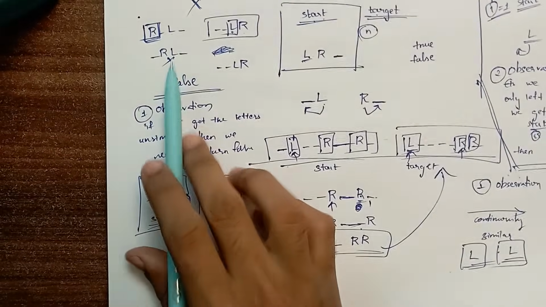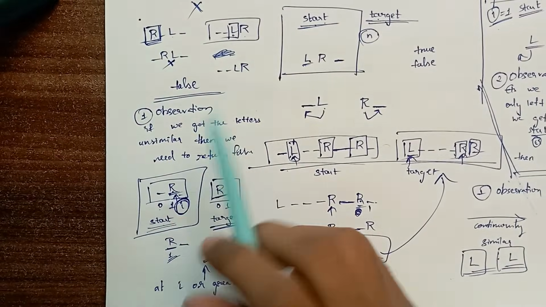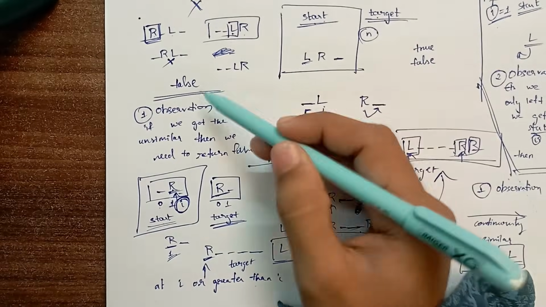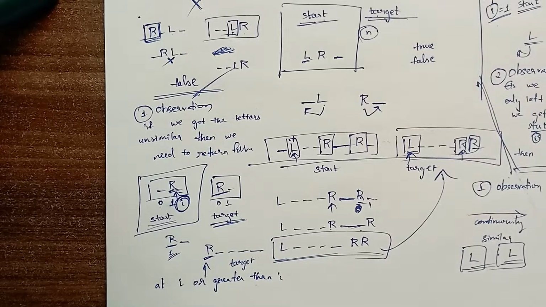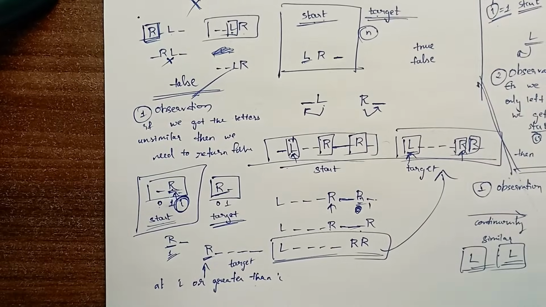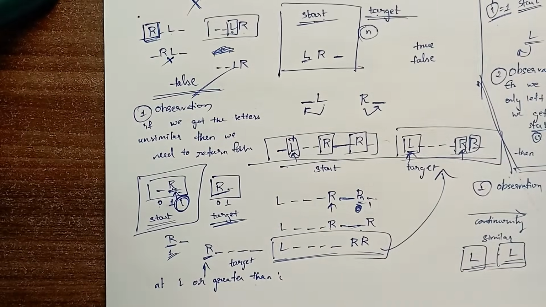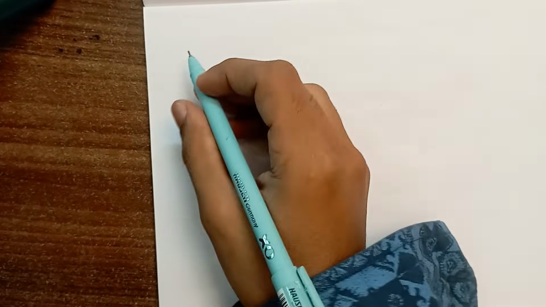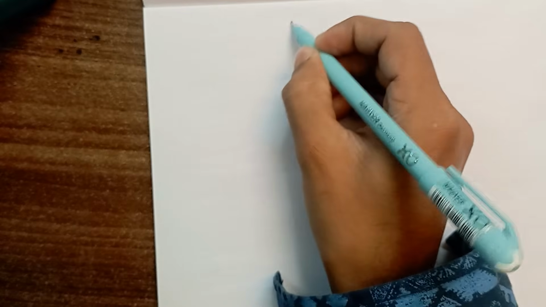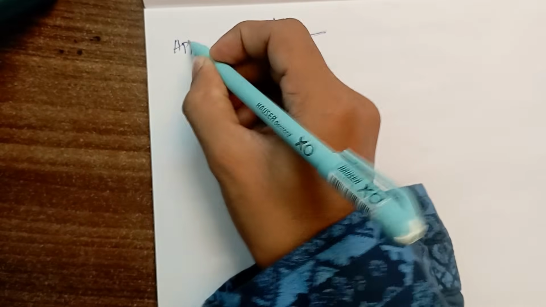The third condition, as I said, is that if R and L are not equal, then we directly return false. So these are the only three conditions which we need to understand in this question. Now I will explain the approach before the algorithm.